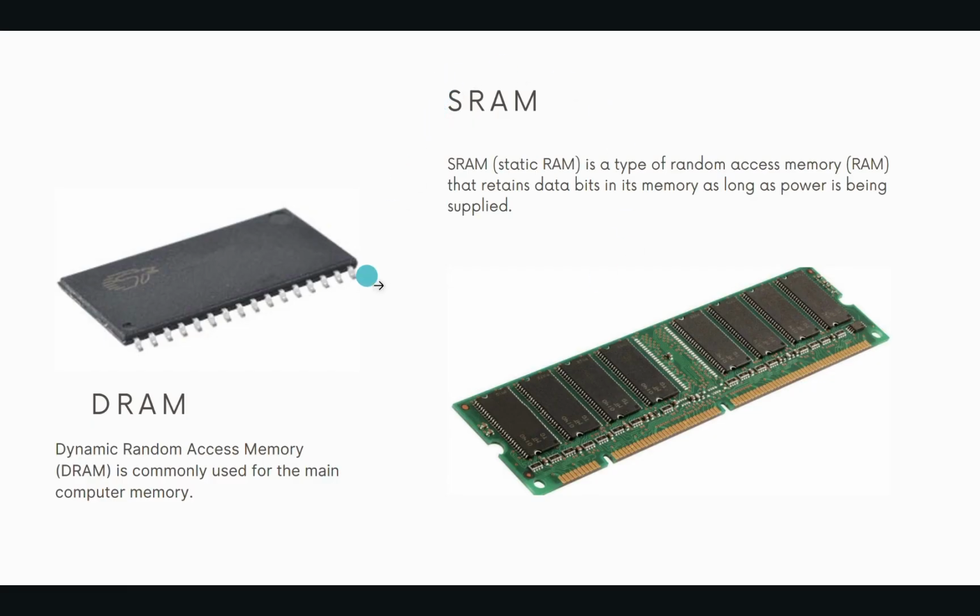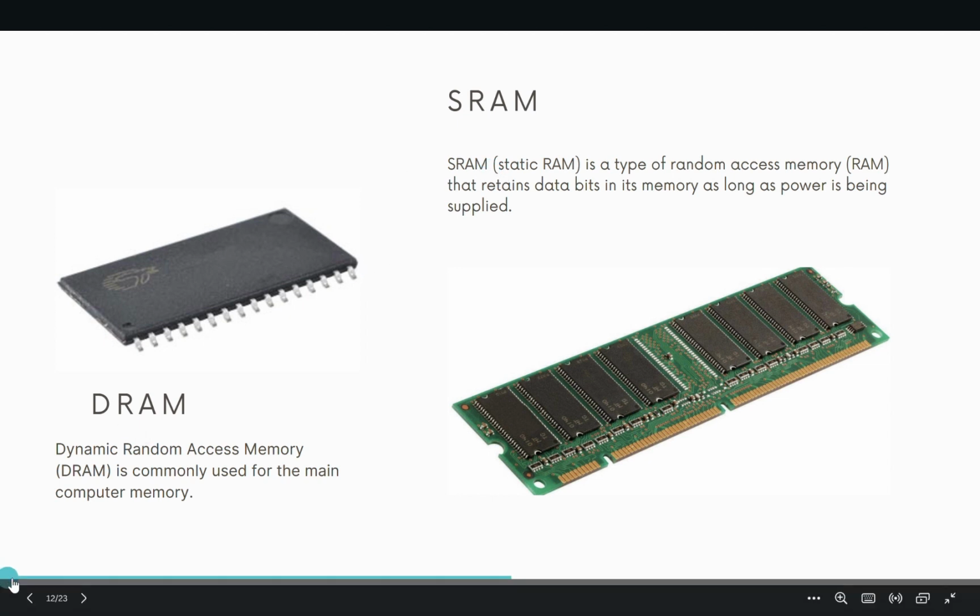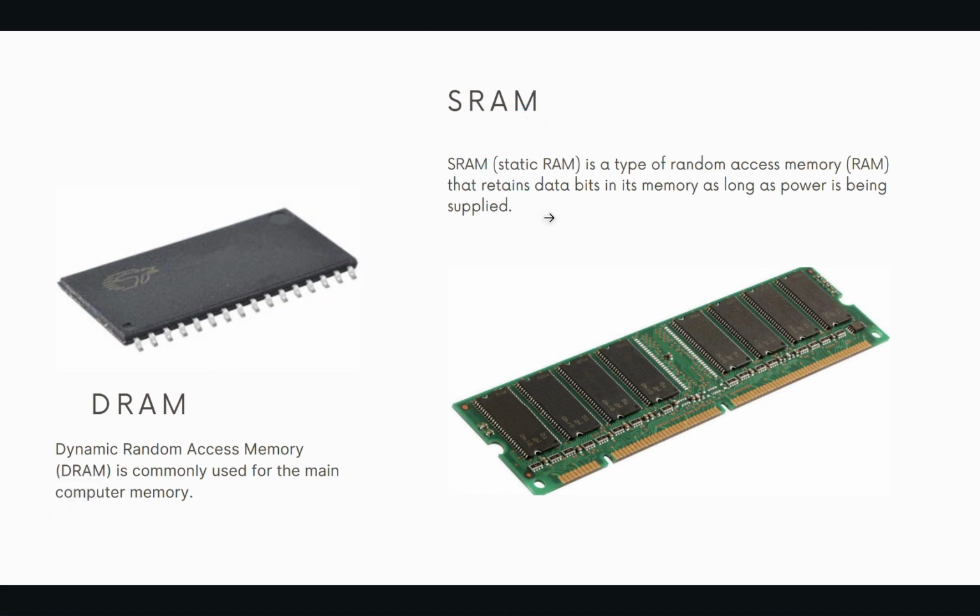Next are the different types of RAM, SRAM and DRAM. Referring to its name, SRAM is static RAM, and it's a type of random access memory that doesn't need to be refreshed. It's just static. It stays there, and it retains data bits in its memory as long as power is being supplied.